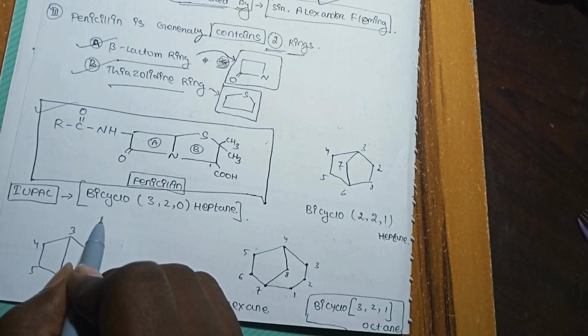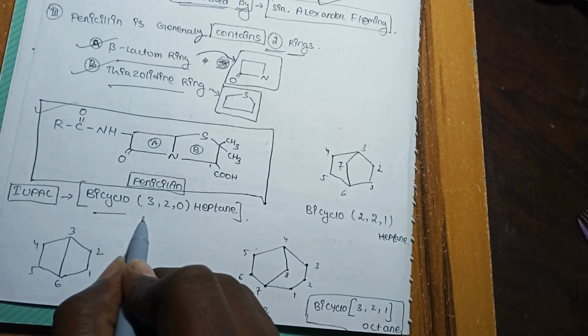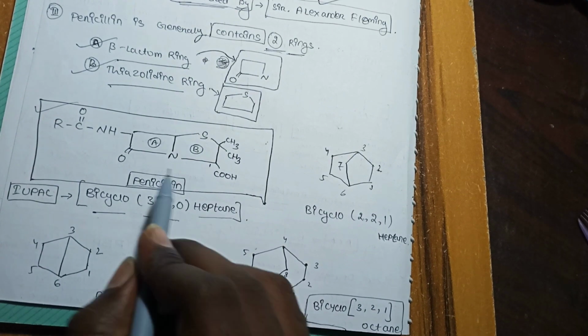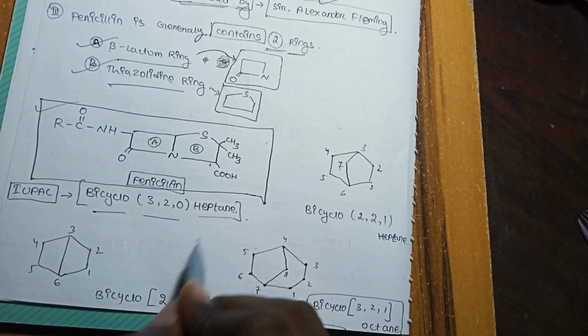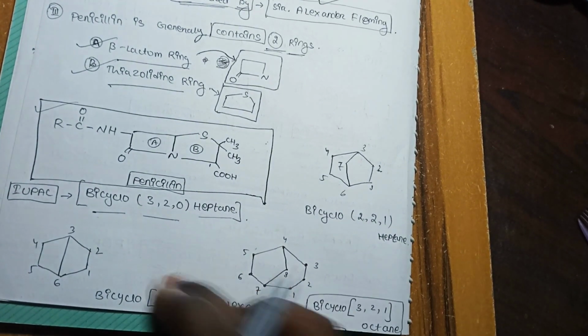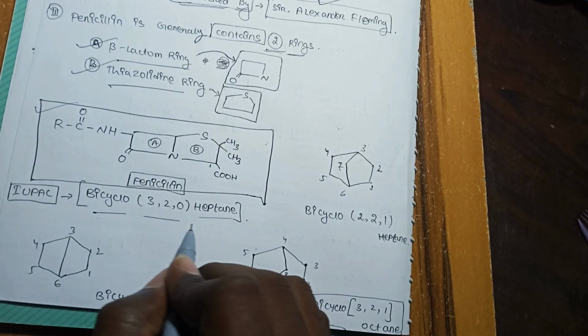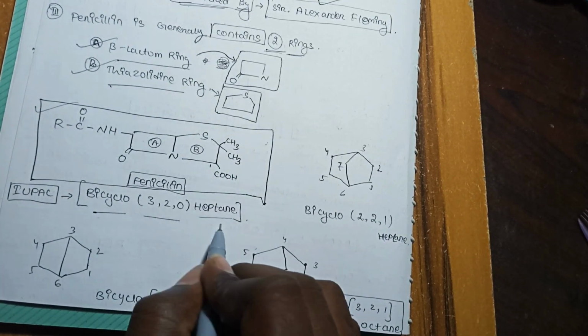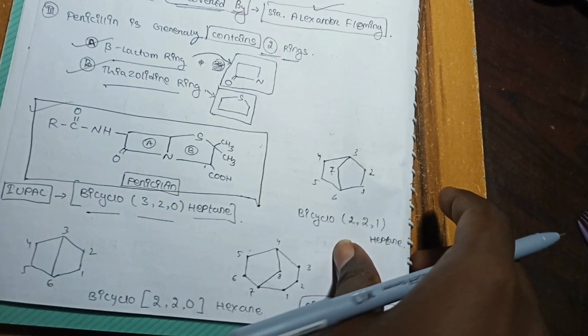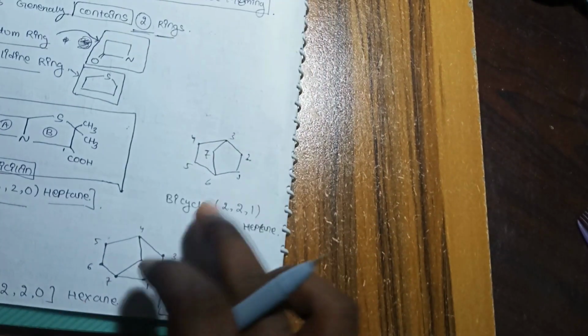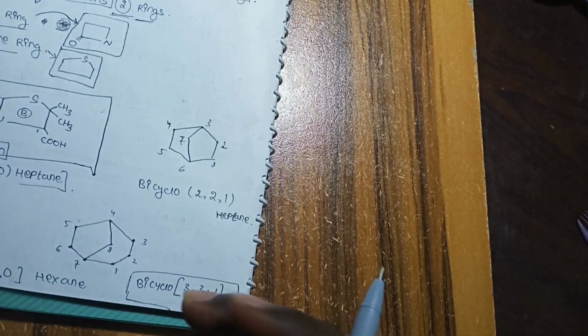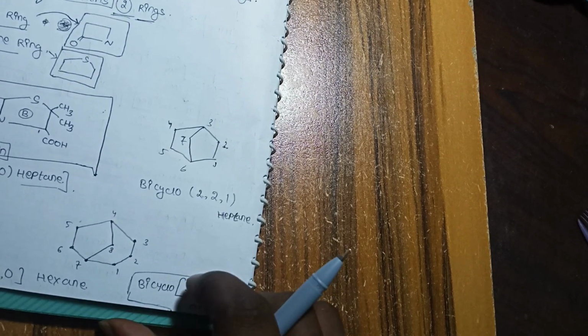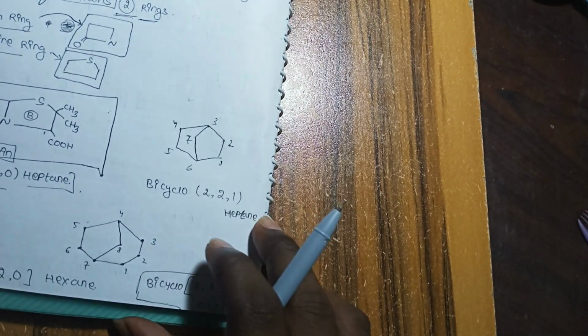Its IUPAC name is bicyclo-3,2,0-heptane, because here 7 carbons are present. How is it named? The IUPAC naming is given in this figure.